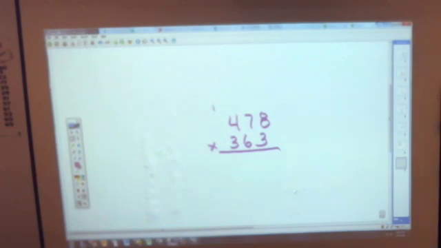Please work in nice straight columns. Use the lines on your paper to help you. Your life will be so much better if you do.